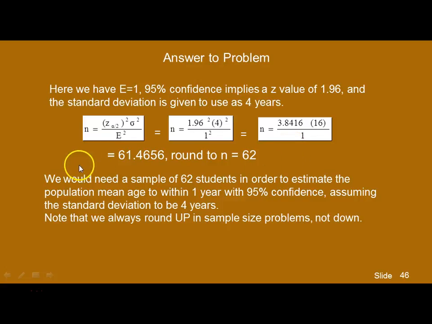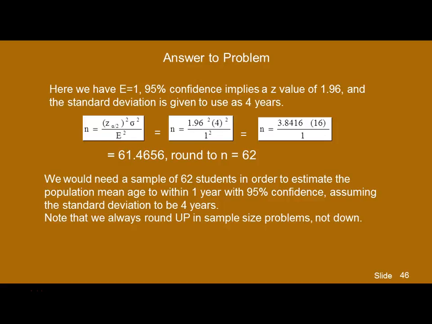If you work that out, you will get a sample size of 61.46. Of course, you can't take a sample of 61.46 people, so we're going to round that up to the next largest integer, 62. We would need to take a sample of 62 students in order to estimate the population mean to within 1 year with 95% confidence, assuming the standard deviation to be 4 years.